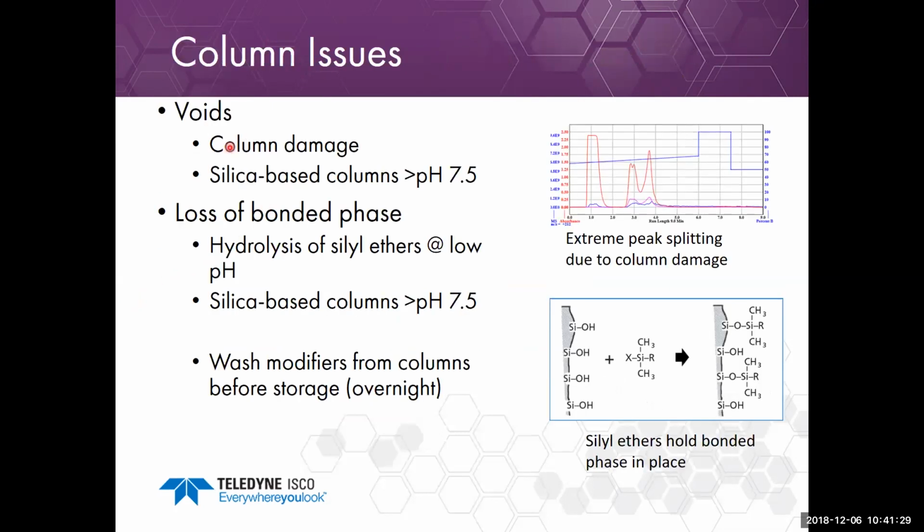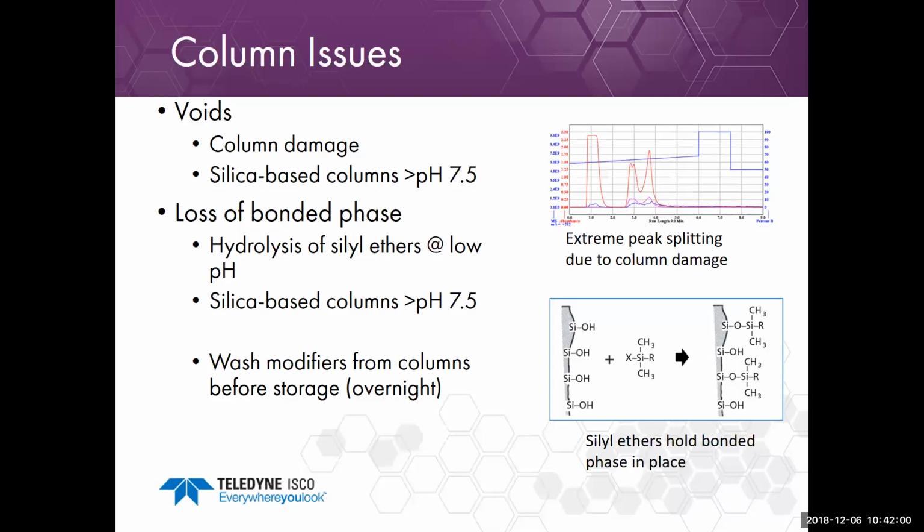Column issues, voids. Voids can happen a couple of different ways. You can damage a column. Some columns, if you drop them, you can cause a void. Most modern columns are a lot more resistant to accidental drops than they were earlier, but that's still a possibility. If you run a column too fast and overpressure it, sometimes you can create a void.